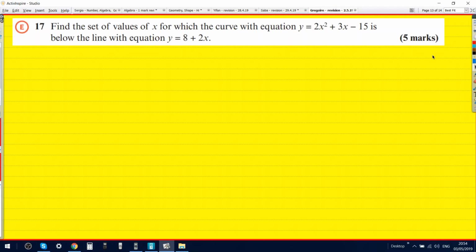So we want to find the intercept points between the first line and the second line. So we make them into simultaneous equations.